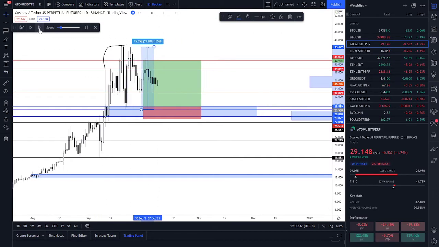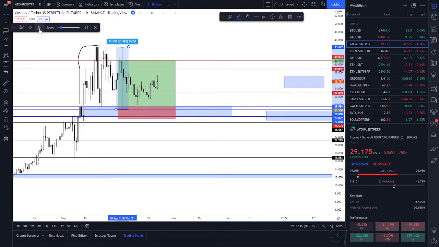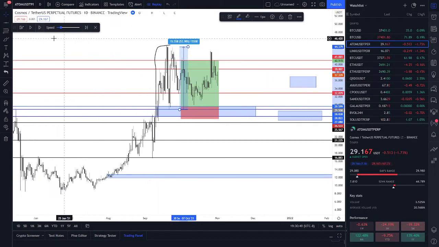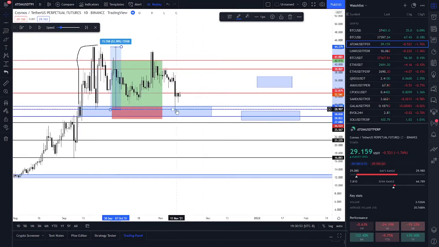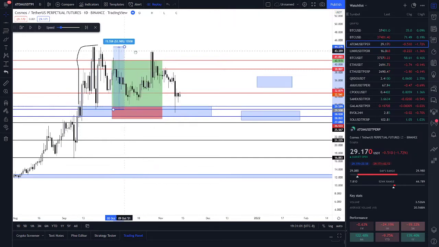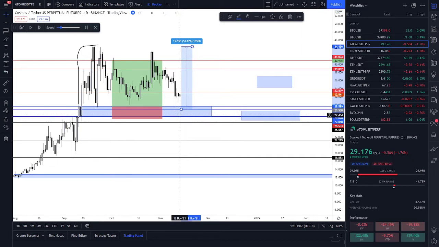So come back down. Okay, there's the second tap. 50% has been filled here, right? If you had played this the same exact way, your first entry in DCA has been filled.